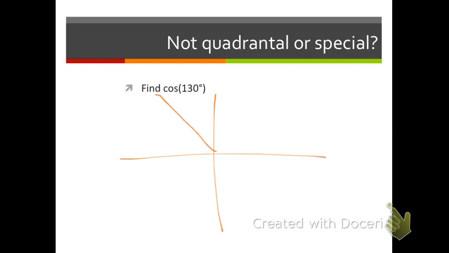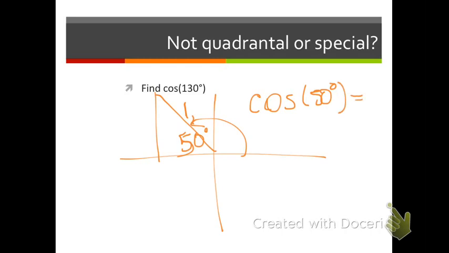Like, so for example, the cosine of 130, that's somewhere in this quadrant here, where my reference angle is 50 degrees. So if I call the hypotenuse 1, I would say I have the cosine of 50 degrees is equal to x over 1.